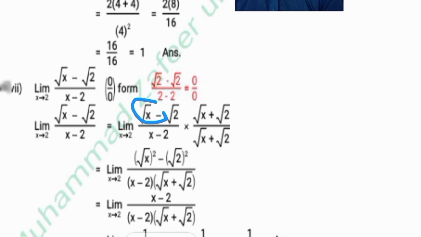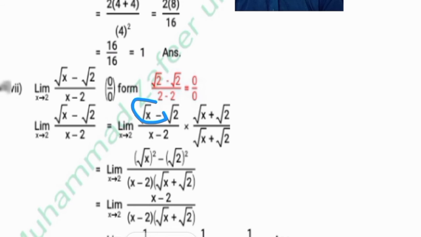If there is square root, whether it is in the numerator or in the denominator, we have to rationalize according to the position of the square root. If the square root is in the denominator, we have to rationalize it. If there is square root in the numerator, we have to rationalize according to the position of the square root.